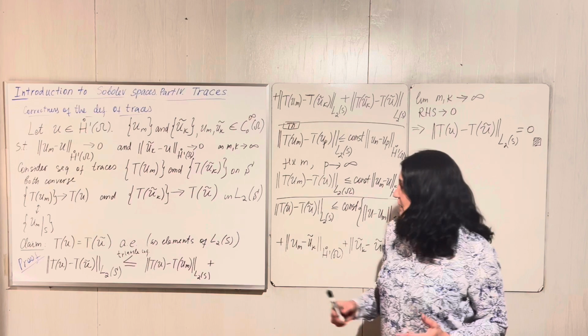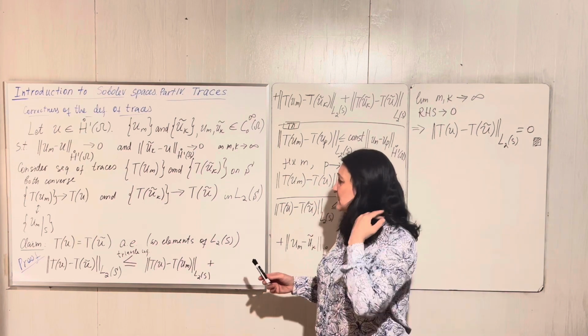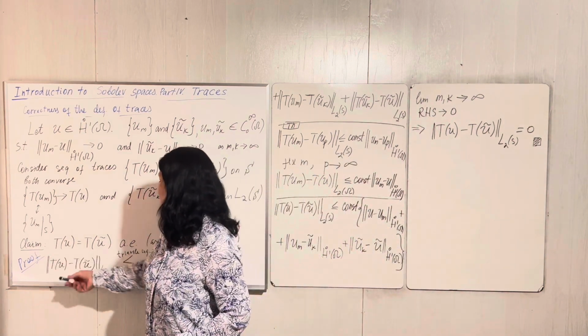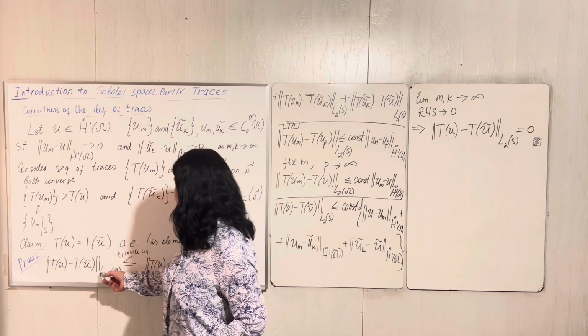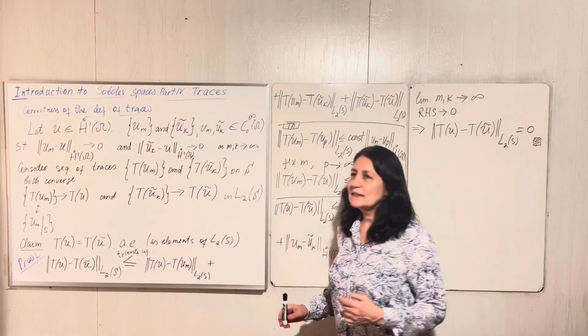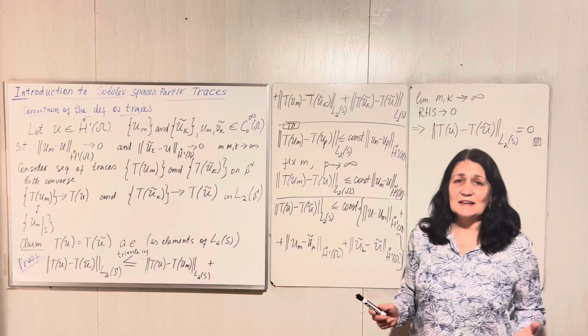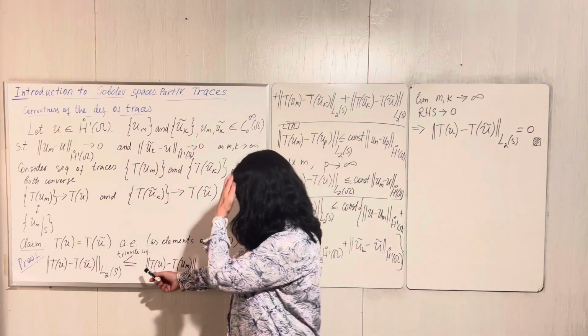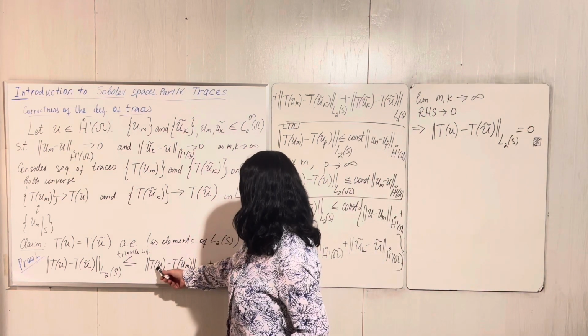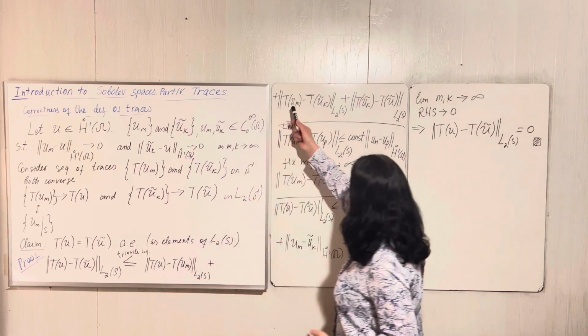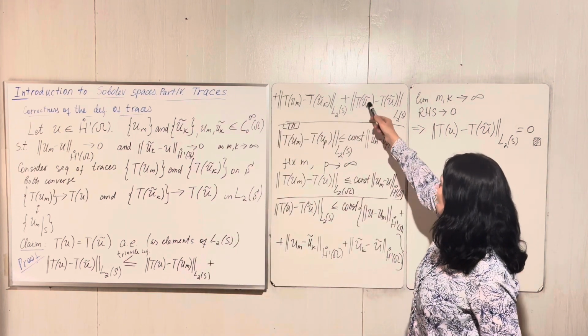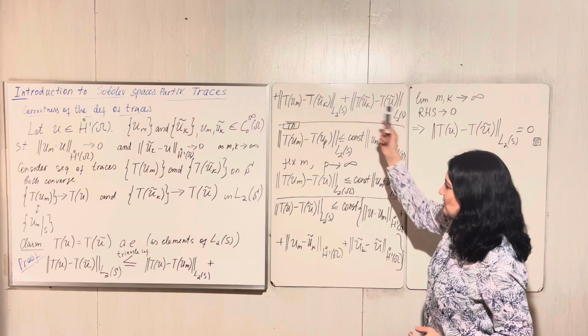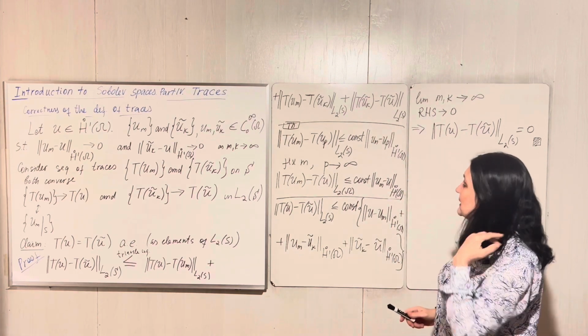And to show this, let's take the norm of the difference of these two in L2 on S, and let's use a triangle inequality. So we can go from u to um, from um to uk tilde, from uk tilde to u tilde. Right? So this is a triangle inequality.